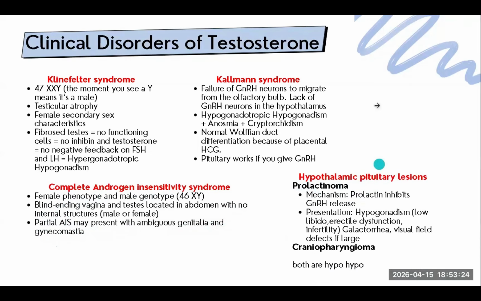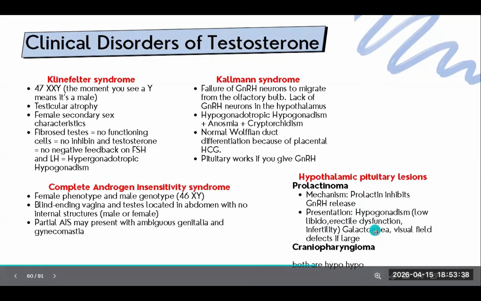We mentioned this before in our diagram. Basically, prolactin will inhibit GnRH release. And the presentation is hypogonadism, which is low libido, erectile dysfunction, infertility, galactorrhea, and if the tumor is very large, you would have visual field defects.